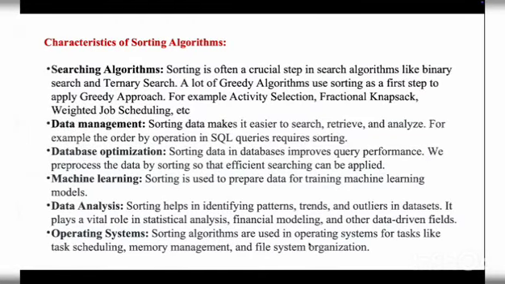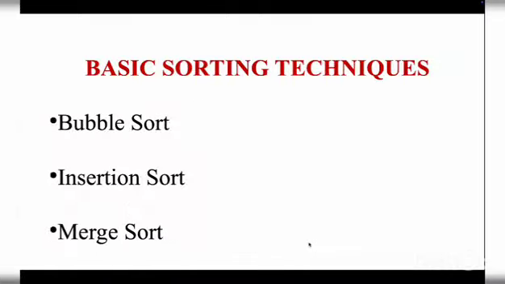Even some more characteristics can be added to these sorting techniques, that is, searching algorithms, data management, database optimization, machine learning, how to prepare data for training, data analysis, and the operating system. Today we'll see the basic three sorting techniques.